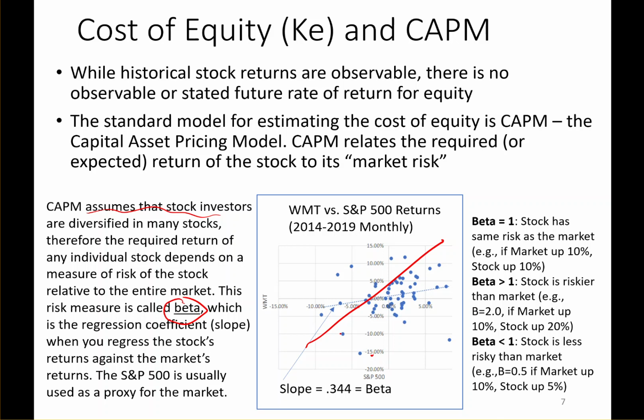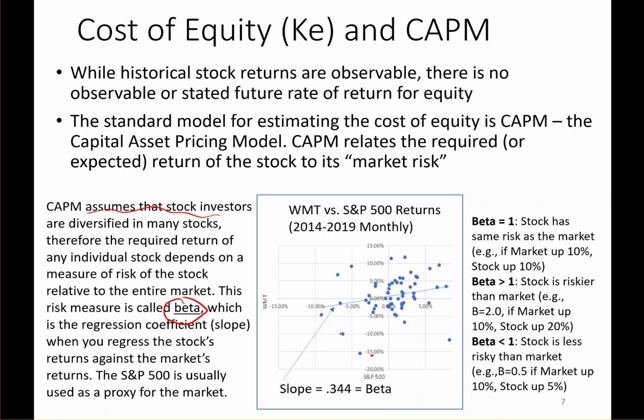Down 10, down 15. So it's riskier than the market. And if that slope were less than 1, a little bit flat there, what we'd say is when the market's up 10, that stock is maybe only up 0.5. That would be a slope of 0.5 or a beta of 0.5.